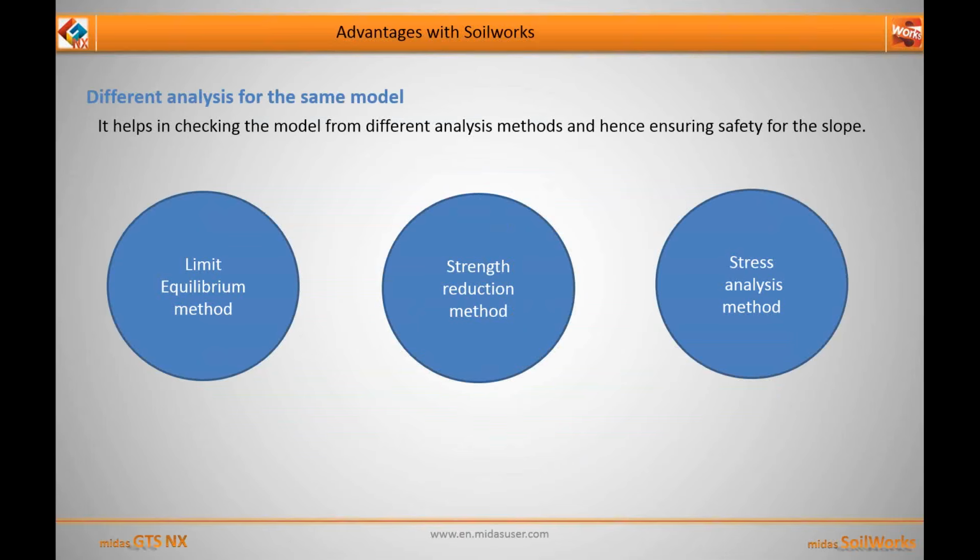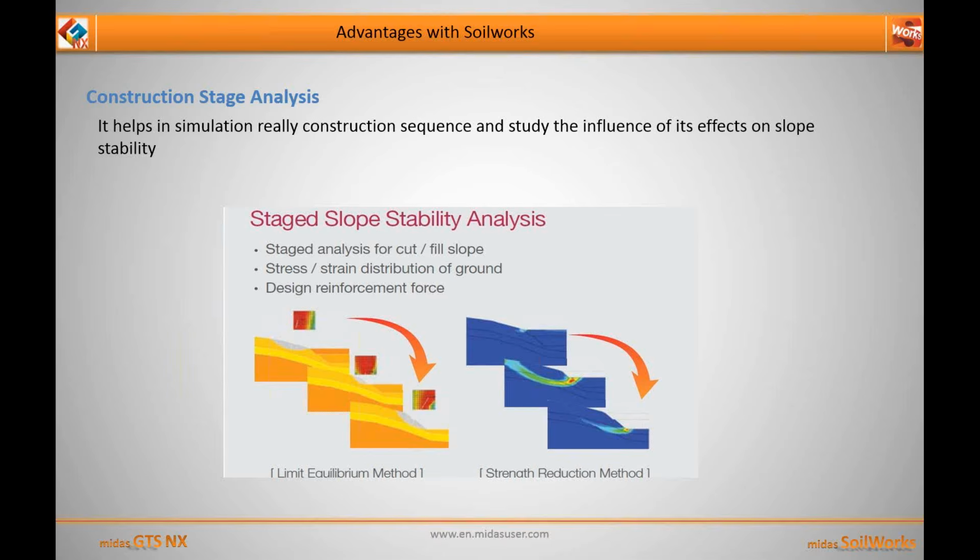So the advantages with SoilWorks. After you have seen the case study for the plane strain problems, different analyses could be performed for the same model. It helps in checking the model from different aspects and hence ensures the safety of the slope. Second is the construction stage analysis.